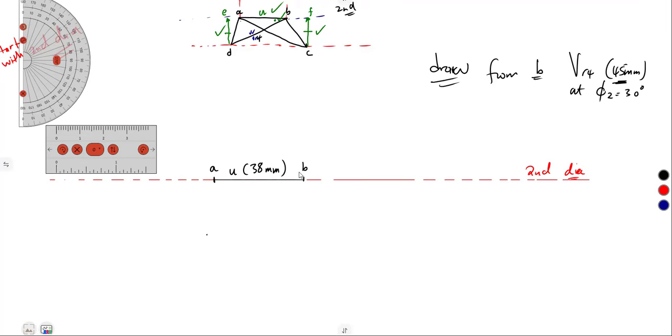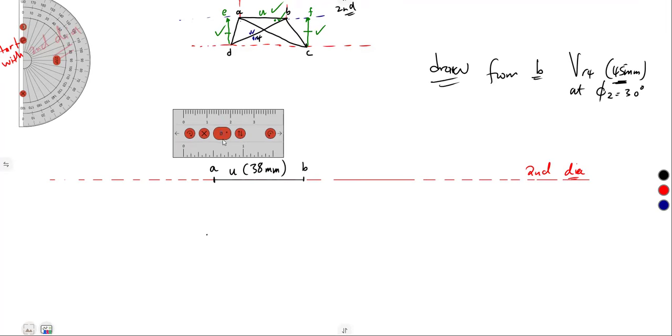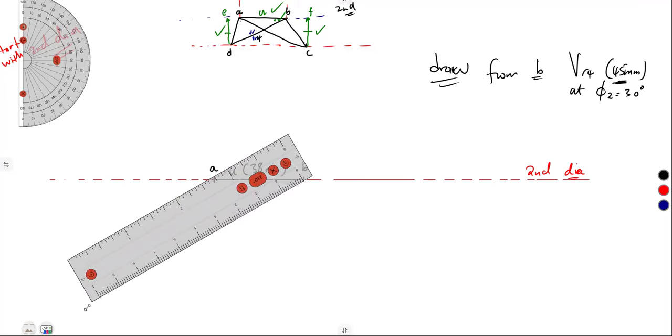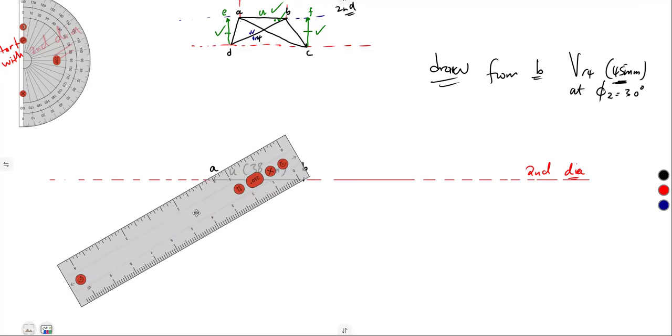So let's try joining this. That's going to be from B, passing through that point that we indicated there, 45 millimeters. As you are drawing the line, measure 45 millimeters, 4,5 centimeters, up to here.